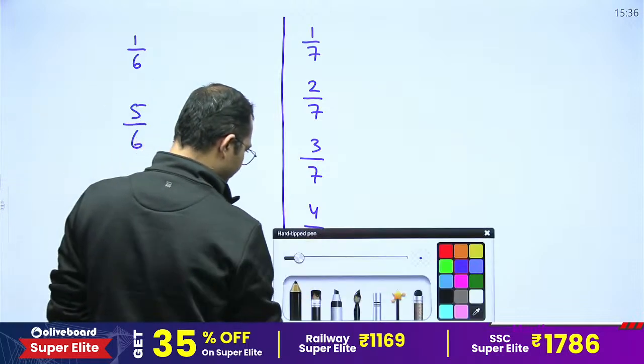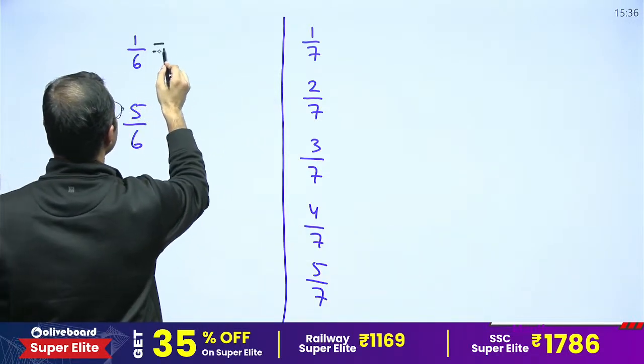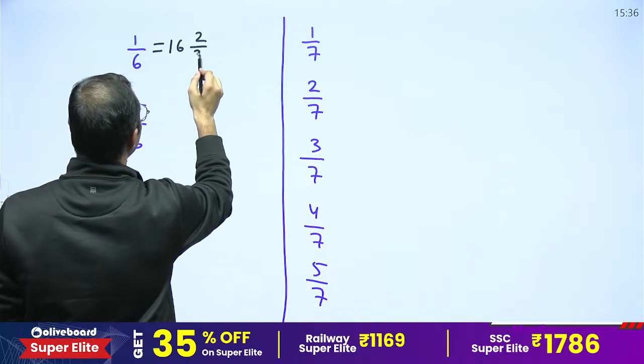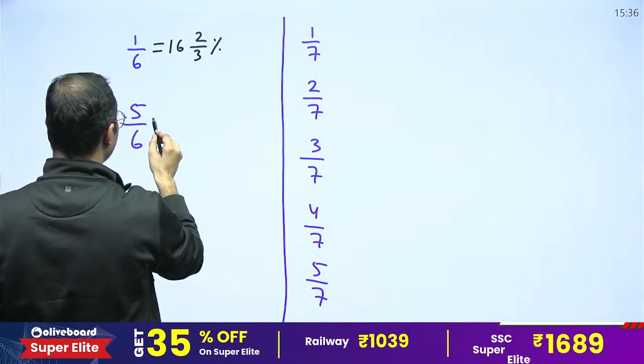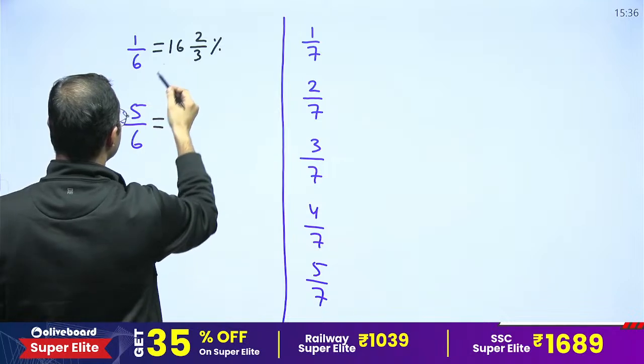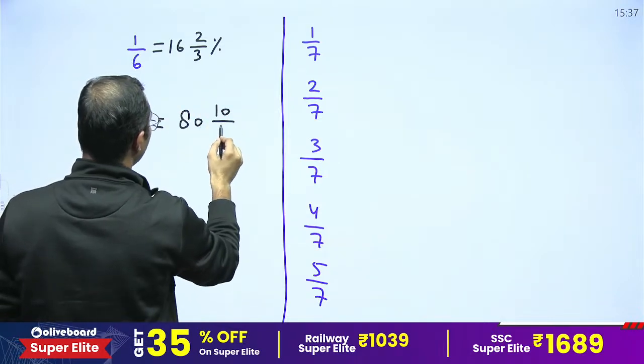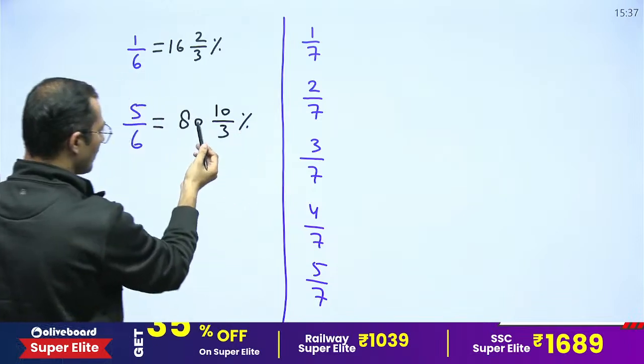See, we all know that 1 upon 6 is what? 16 whole 2 upon 3%, right? So 5 upon 6, so 5 times of it. So simply we can say that 16 5s are 80 and 10 upon 3. So this is not the right mixed fraction.